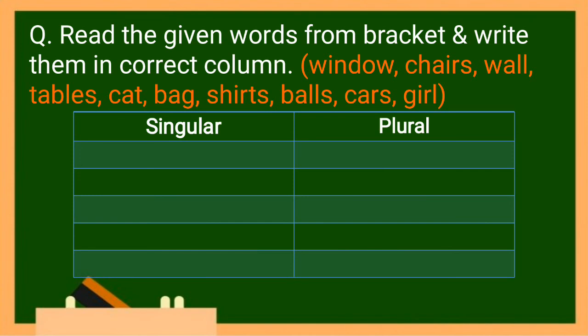Next, chairs, wall, tables, cat, bag, shirts, balls, cars, girl. So children, I read all these words. You all also have to read these words, and whichever noun is a singular noun, you have to write in the singular column, and which nouns are plural nouns, you have to write in the plural column.